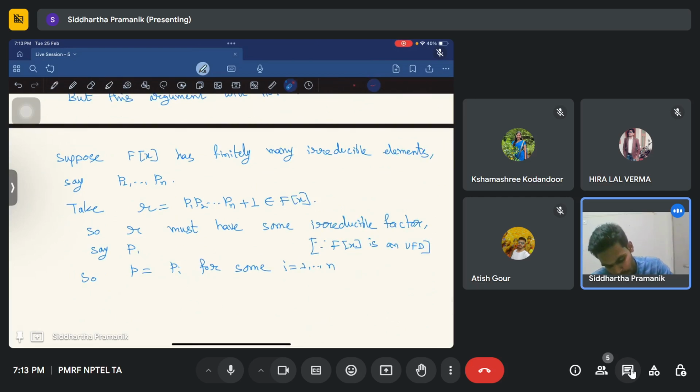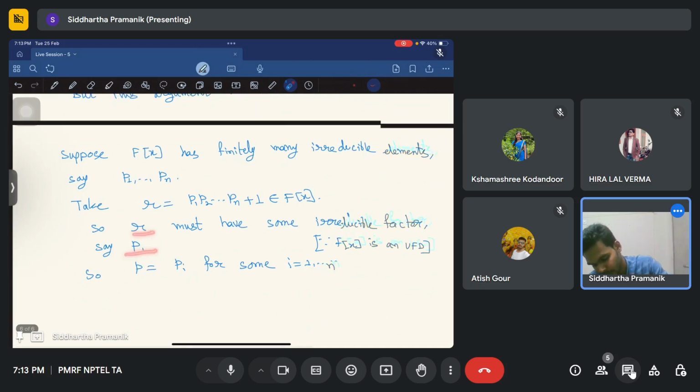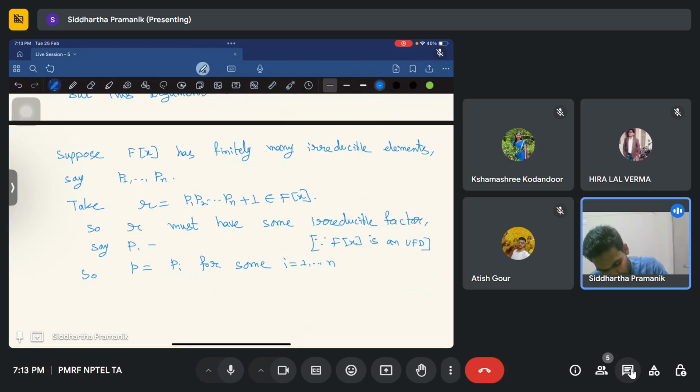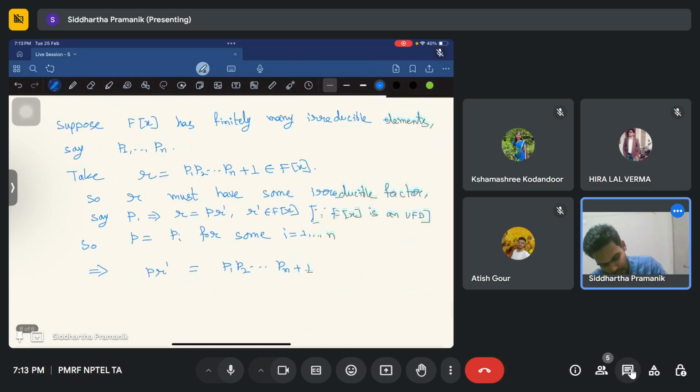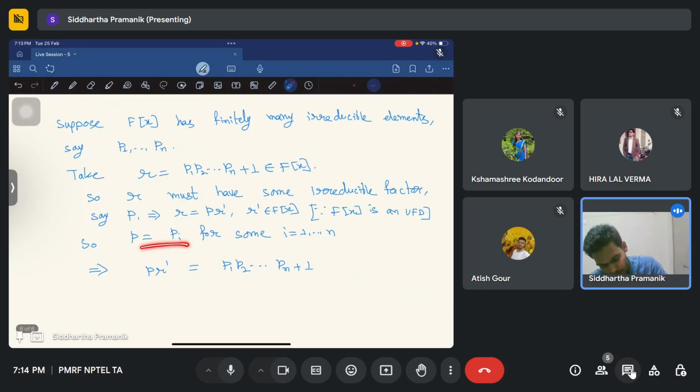Now p is a factor of r, right? So that means r equals p times some r' for some r' in the ring F[x]. Now use this equation. So this implies p r' equals p1, p2 up to pn plus 1. But p equals pi.